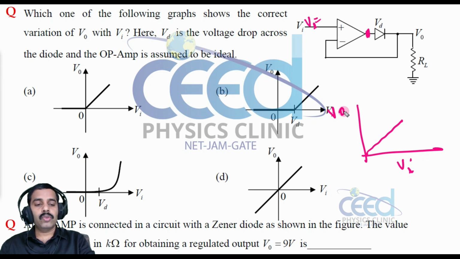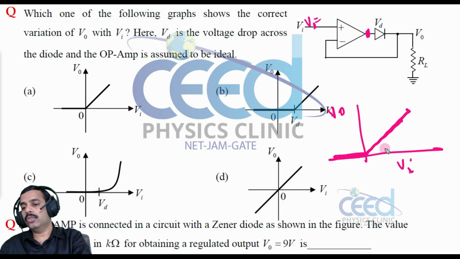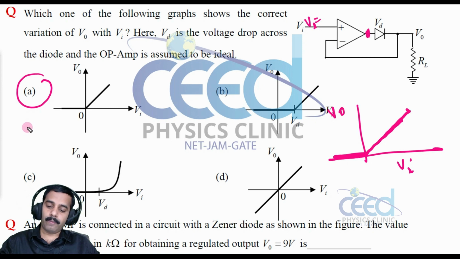So this will rise, and during the negative value of the input signal it is cut off, there is no voltage here. So this will be the shape of the output. So option A is correct.